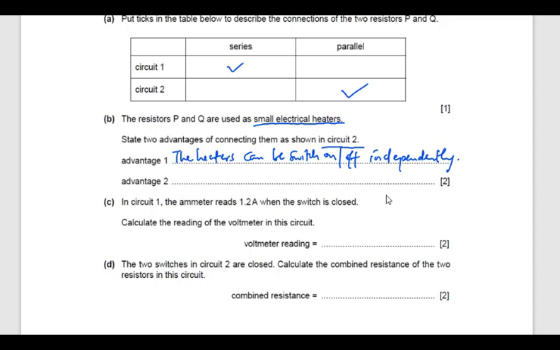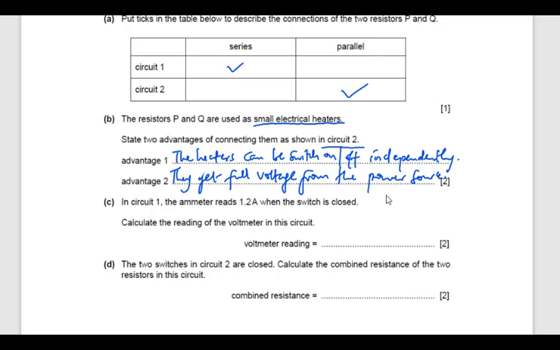The other one is that they get full voltage from the power source. And I also gave one, that if one of the components is faulty, the other one continues to work. Any of these will earn the 2 marks.